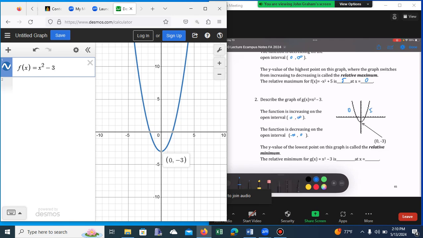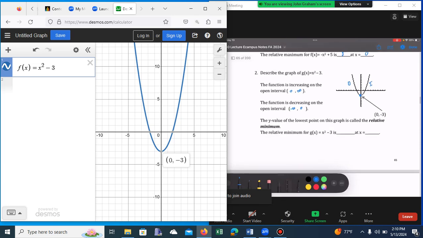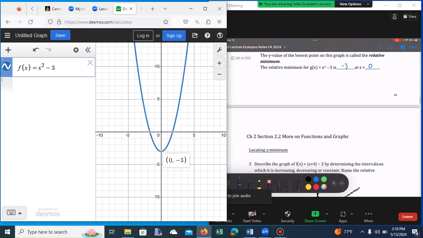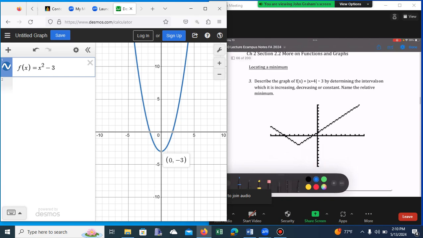And so we have a relative minimum at x equals 0, which is -3. So if you plug in 0 for x, you get -3 out. So really, right now, the only way you're going to locate the minimum for anything that's not a quadratic, so anything higher like cubic and fourth power and fifth power, would be to graph.